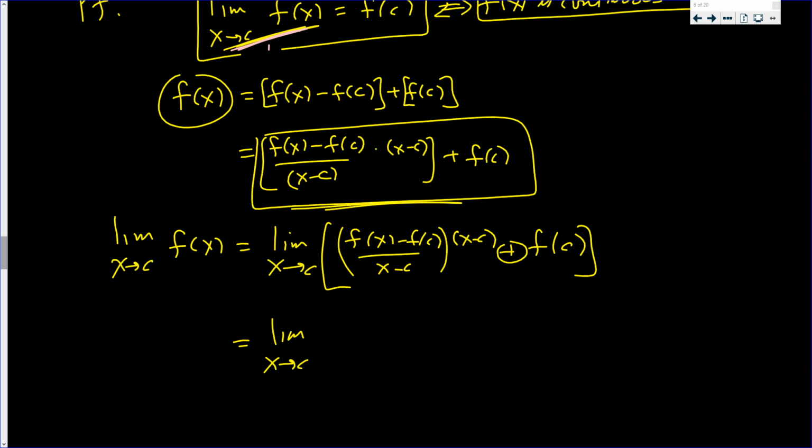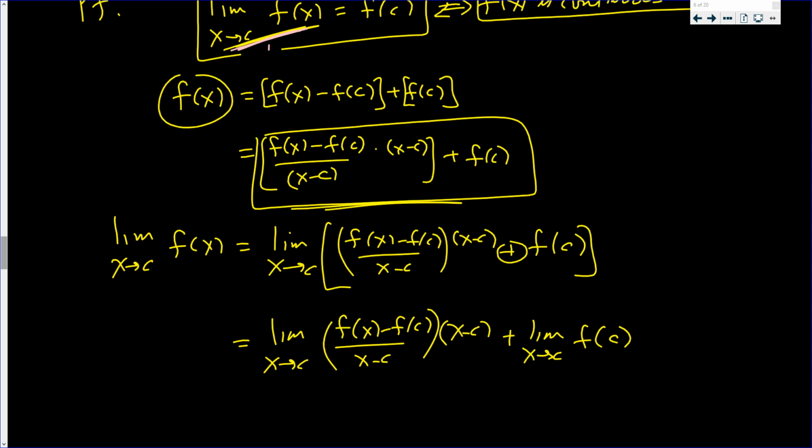This is the limit as x goes to c of f of x minus f of c over x minus c times x minus c, plus the limit as x goes to c of a constant. f of c is like 11. It's a constant. Now here we have a product.